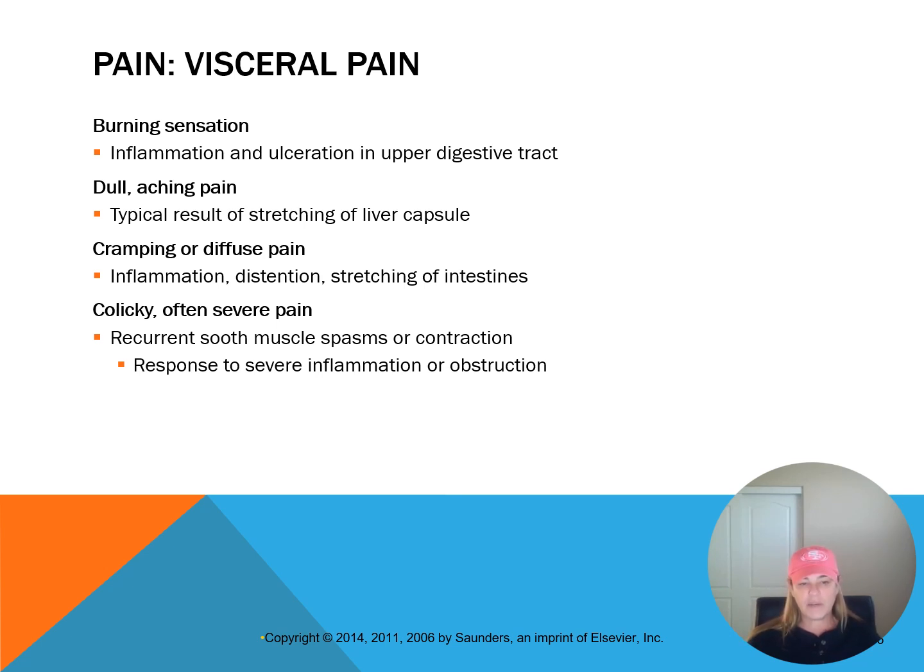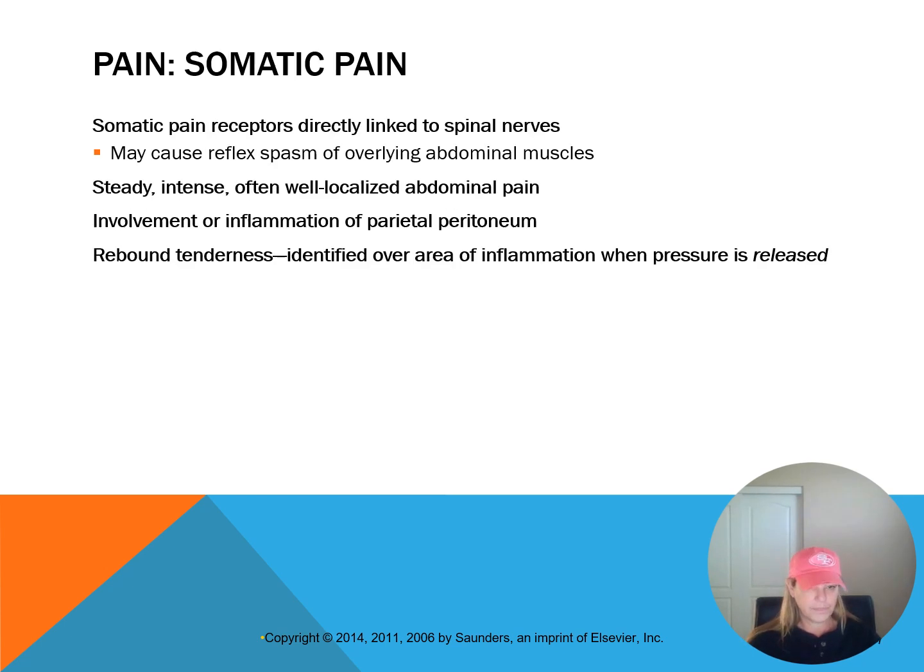Cramping will happen with inflammation, with distension, stretching of your intestines. Colicky is kind of these spasms. A lot of babies will get colicky and be very upset because their intestines are spasming as their food moves through their digestive system.